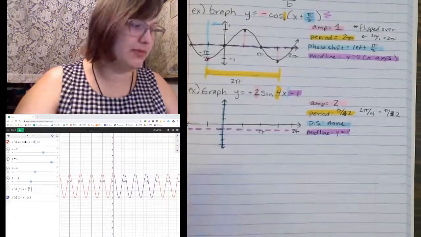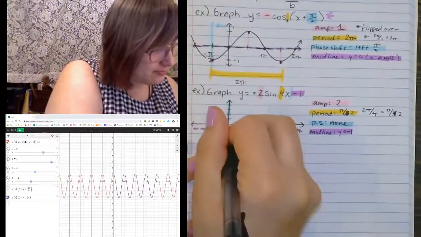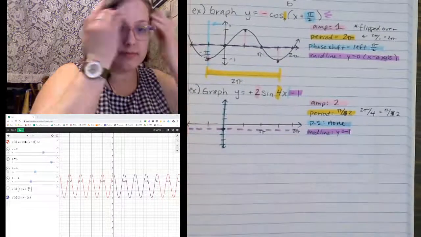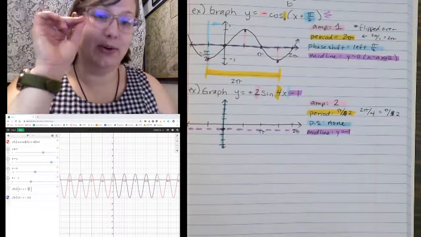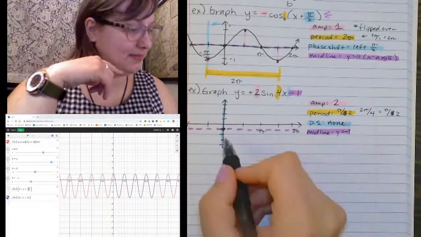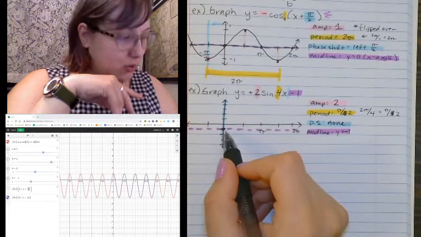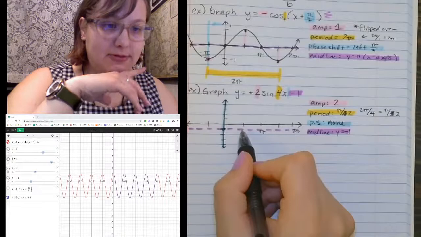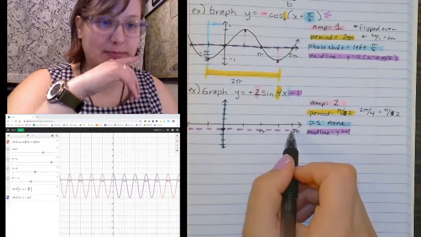Okay, so this is a sine graph, and we know that sine starts at 0. Now, we need 4 total: up, down, back for sine, up, down, back, up, down, back, up, down, back by the time we get to 2 pi.